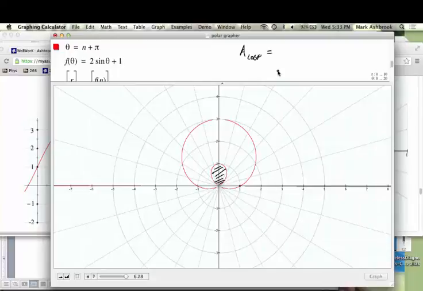Can you do the integral of the polar coordinate? Yeah, we're going to do polar coordinates, so what's our area function? It's going to be 1/2, right? The integral of 2 sine theta plus 1 squared d theta. Right, that's our 1/2 f theta squared d theta.